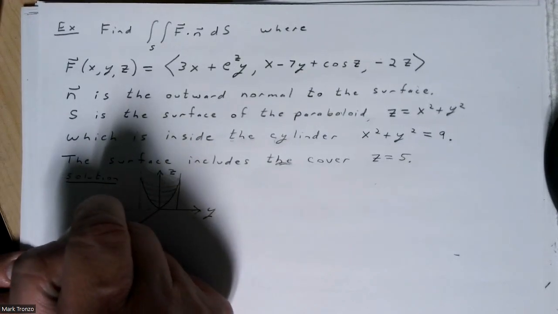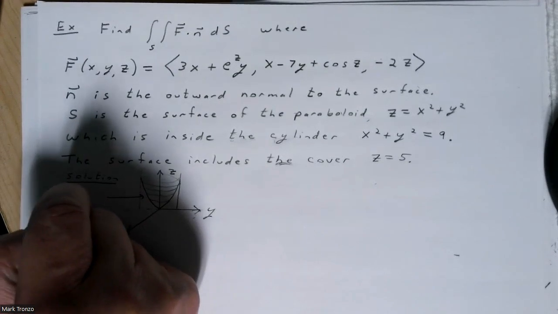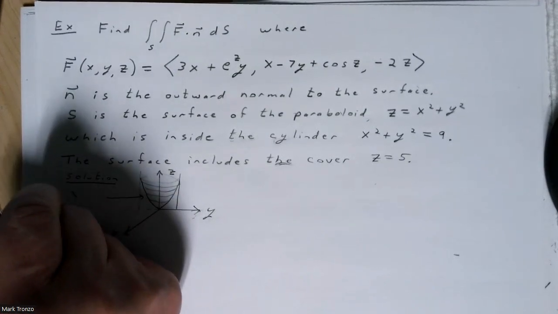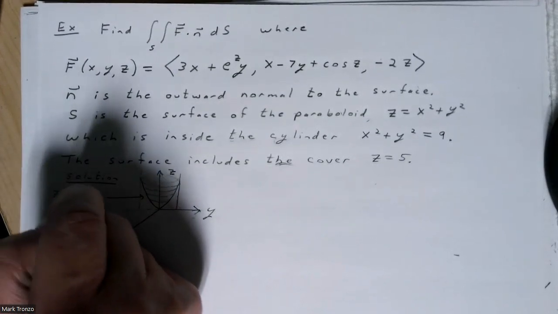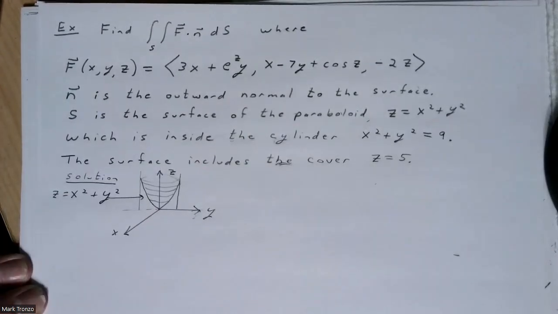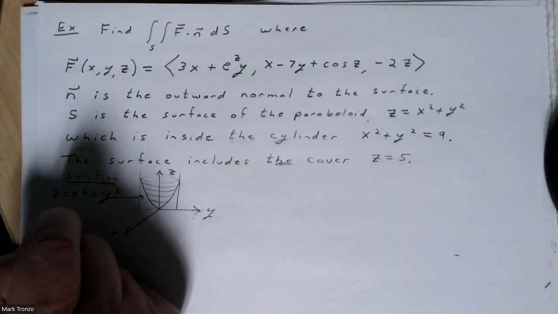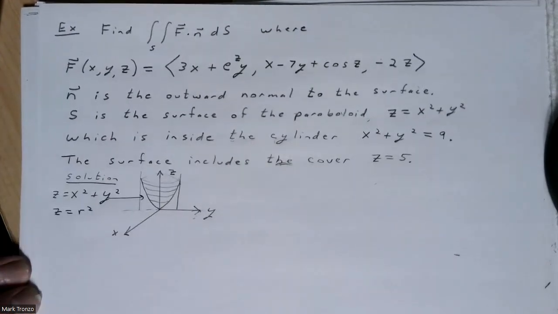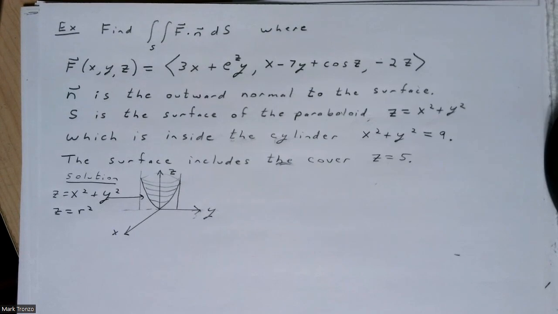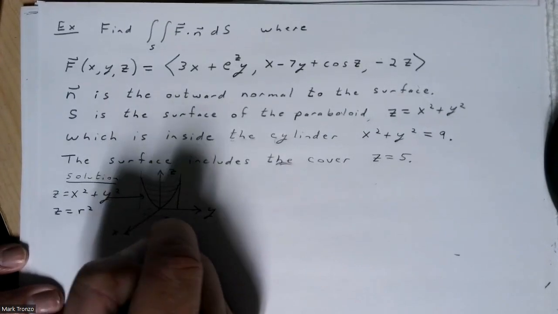So basically what we have then, our surface here is z equal x squared plus y squared. And of course, if we change to polar / cylindrical, that's going to be z equal r squared. And then we're eventually going to need what's down here in the domain.